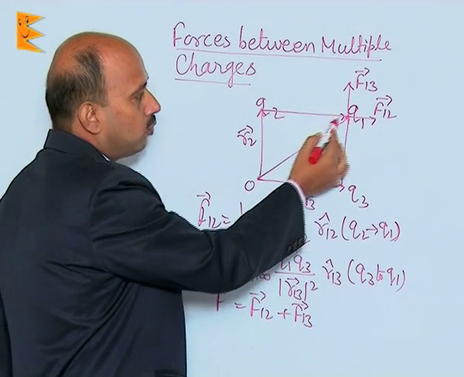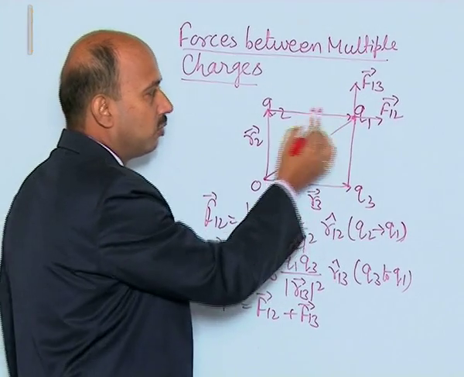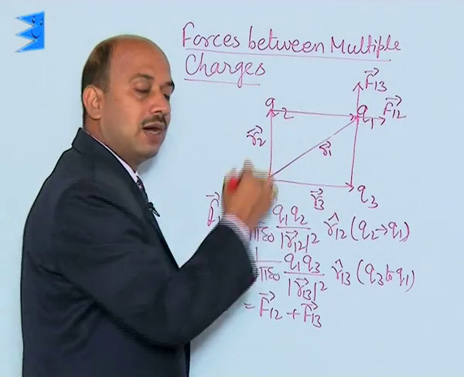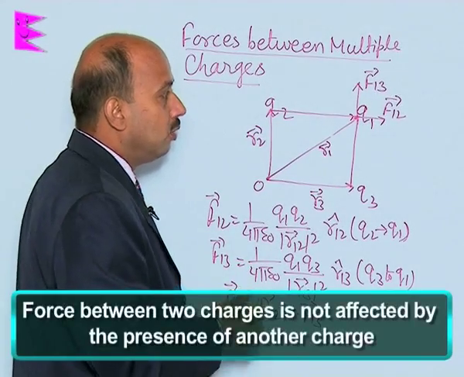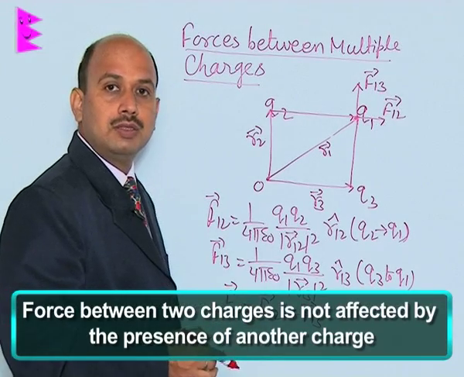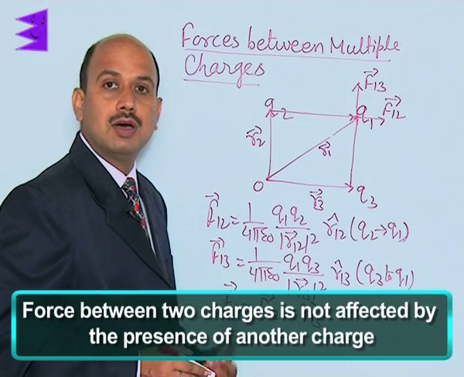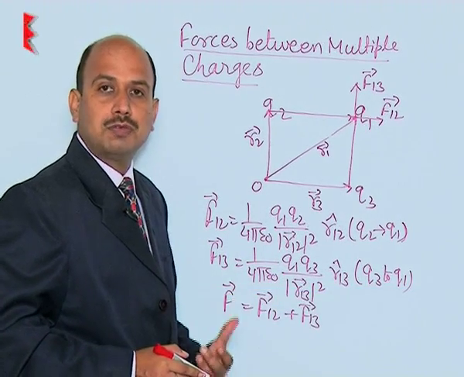So the total force on any one of the charges is equal to the vector sum of the forces acting on the charge due to the presence of the other charges taken individually. And the forces we are calculating are not affected by the presence of the other charges. So this is also known as the principle of superposition.